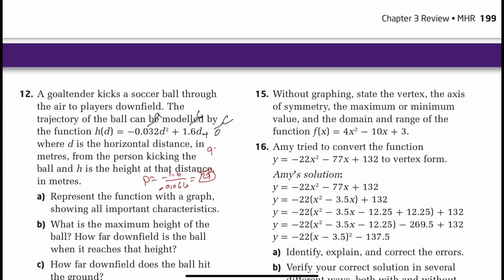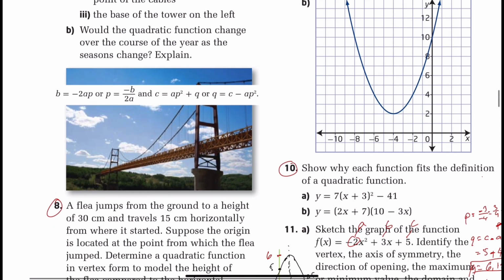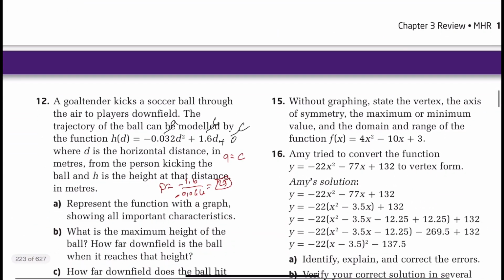Q is C minus AP squared. So C minus AP squared, and you find your Q, which is 20. Okay, good. So now I have all the information that I need.